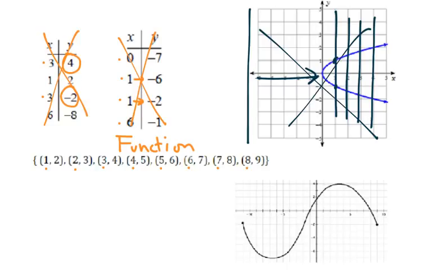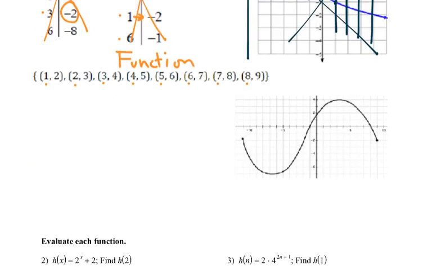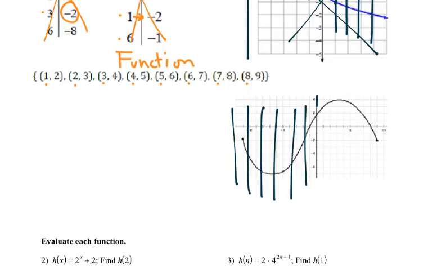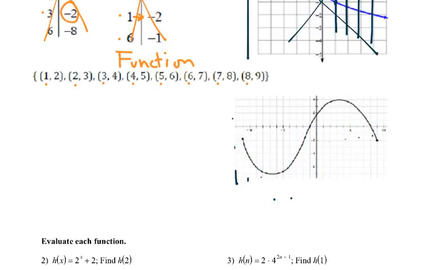That's not a function. Whereas if we look at this graph down here, if I made vertical lines all across it, notice it's only ever touching the graph once. So we don't have any issues with it not being a function. So this set of points and this graph are both functions.